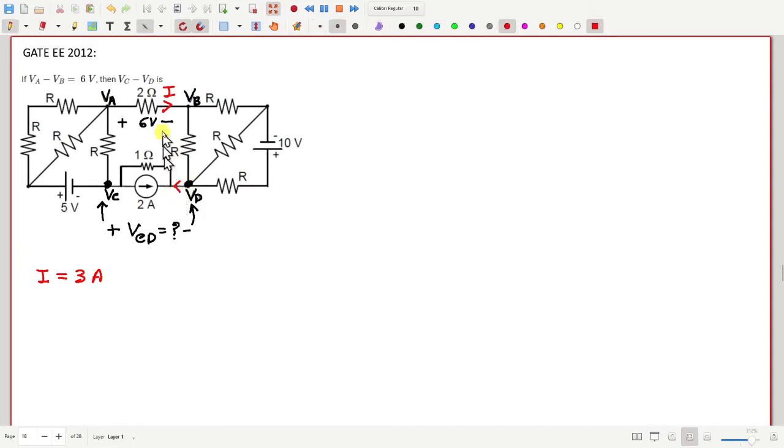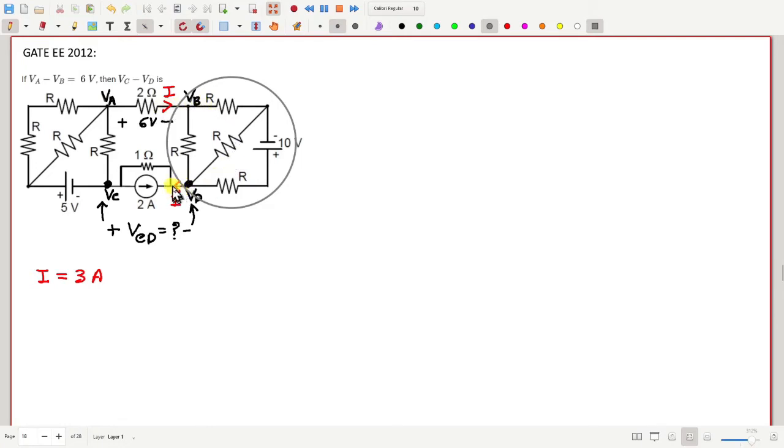It should be same as I, right? Because if you consider any part of the circuit, there shouldn't be any accumulation of current. If I amount of current is entering this part, the same amount must come out.